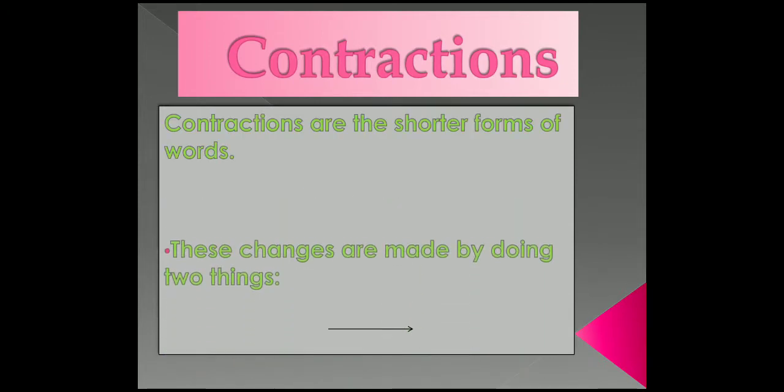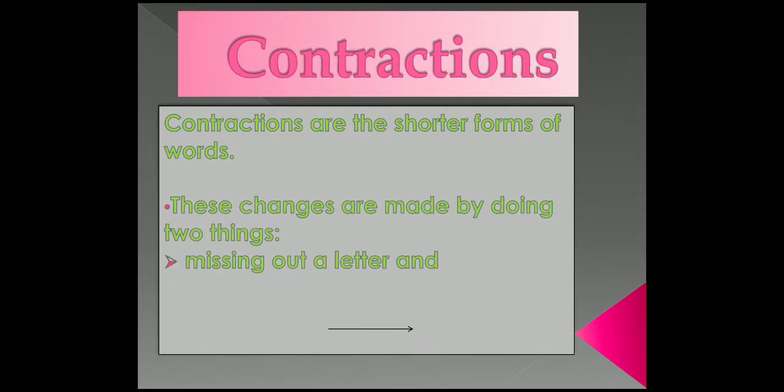So you understand what contractions are? Contractions are the shorter forms of words made by missing out a letter and by putting in an apostrophe.